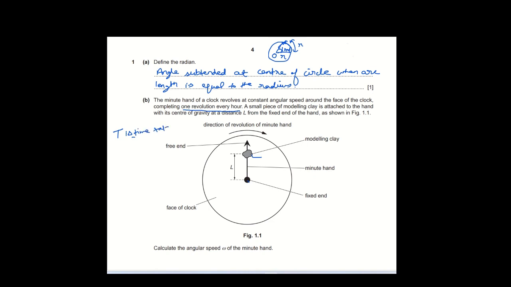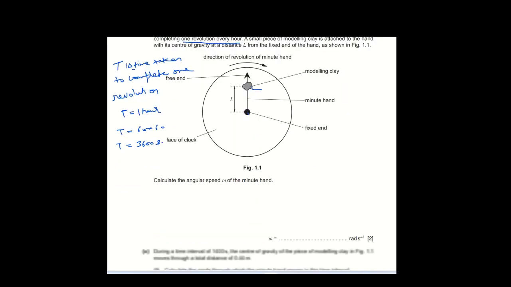So this means the value of time period T in this question is equal to 1 hour, or if we convert it into seconds, it will be 60 into 60, that is T is equal to 3600 seconds.